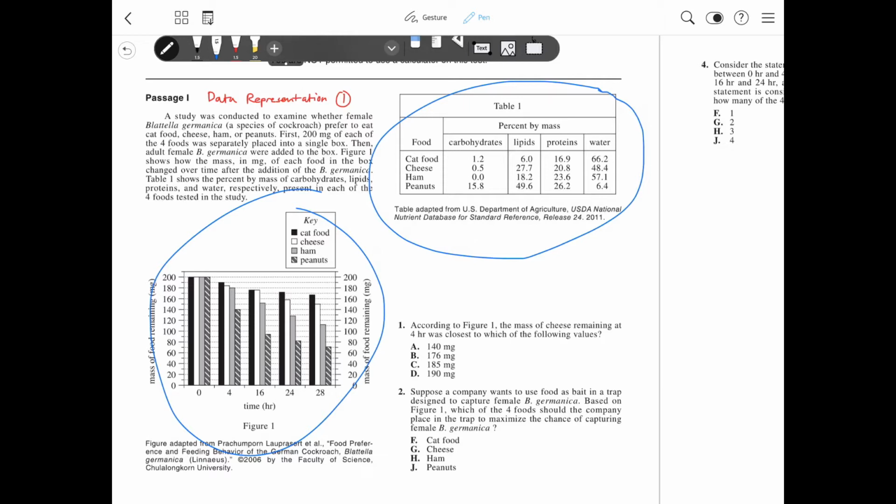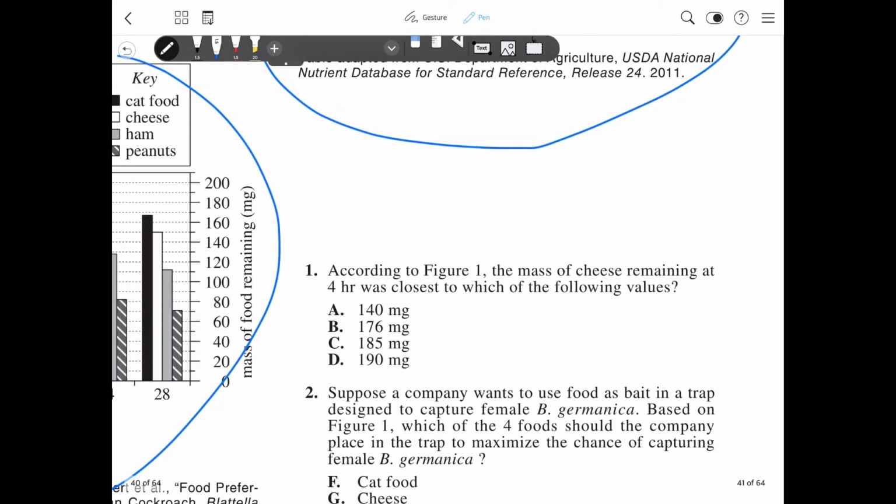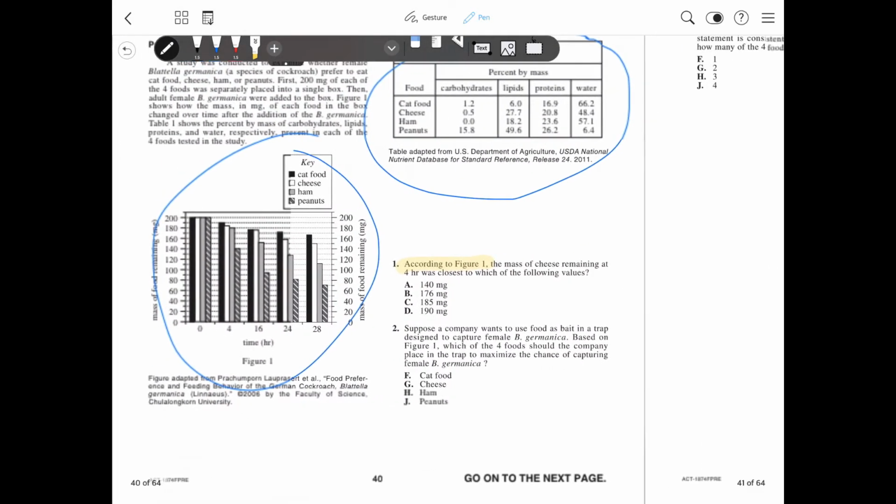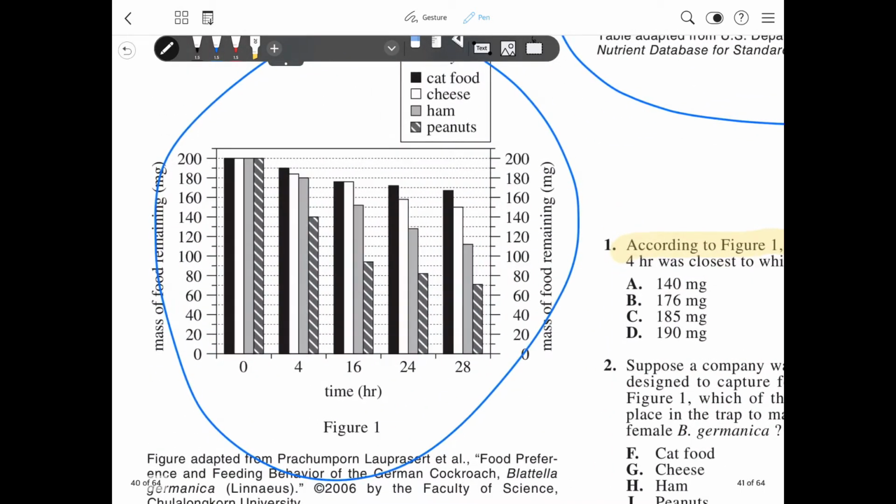It's very obvious that this is data representation. Even if you look at the questions, it asks you things like, according to Figure 1, they want you to refer back to this figure, and that's one example of data representation.